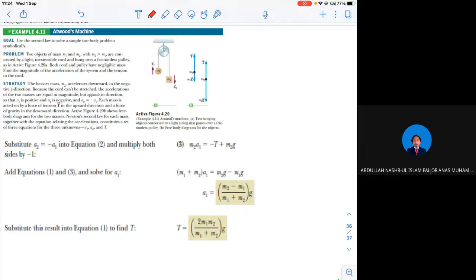Now we move to pulley. Two objects of mass m1 and m2, with m2 greater than m1, are connected by a light inextensible cord and hung over a frictionless pulley, as in the figure. There are two things you need to remember because in this case we are having a pulley.